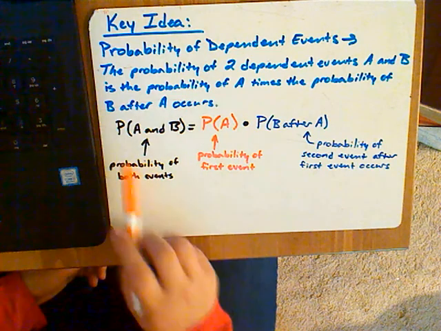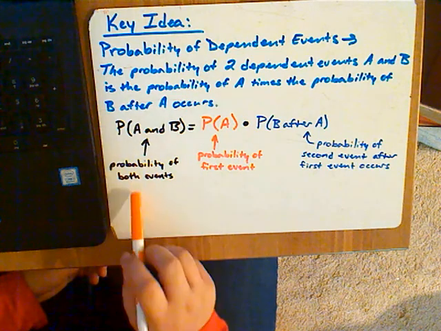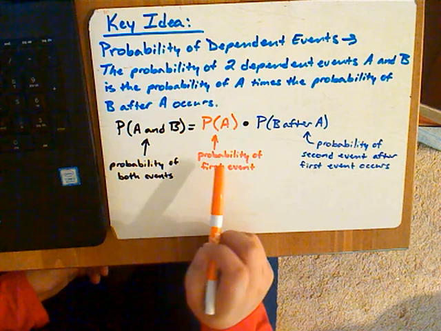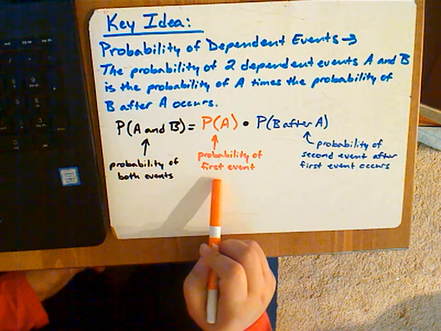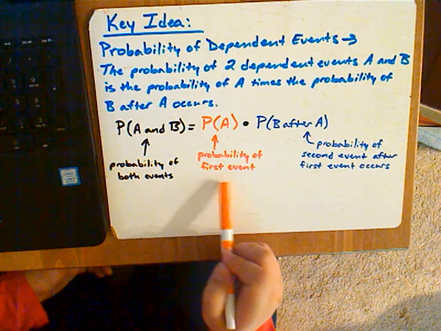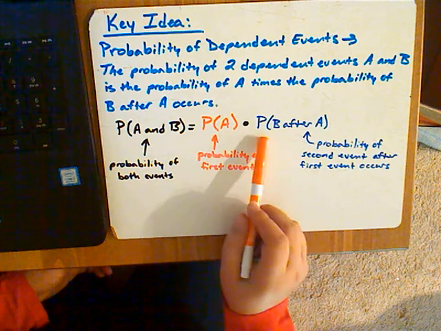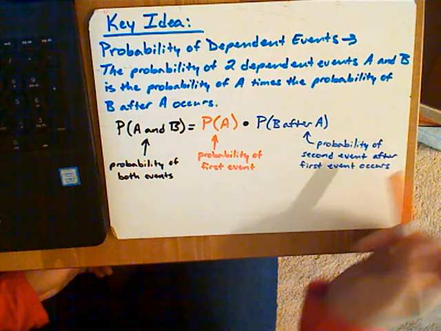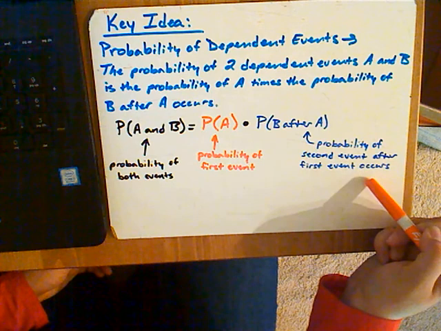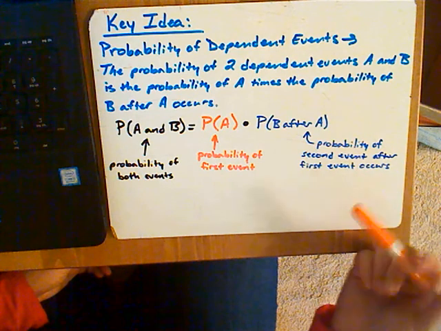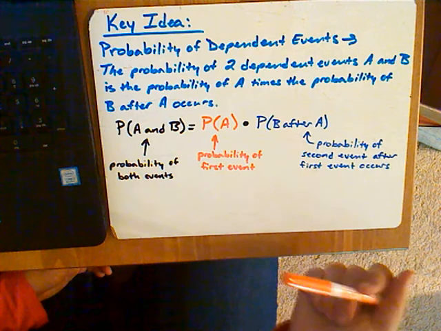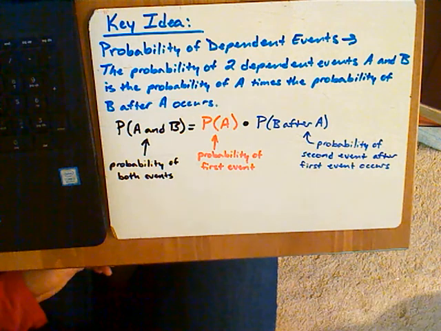So once again, the probability of A and B, which is the probability of both events, is going to equal the probability of A, the probability of the first event, times the probability of B after A. And this is the probability of the second event after the first event occurs. So that is the probability of dependent events. We're going to look at an example of what that looks like.